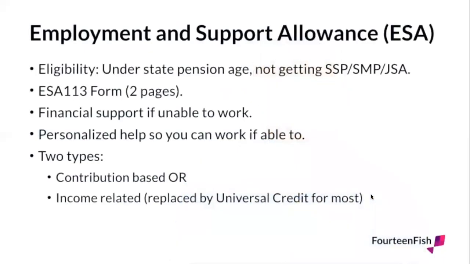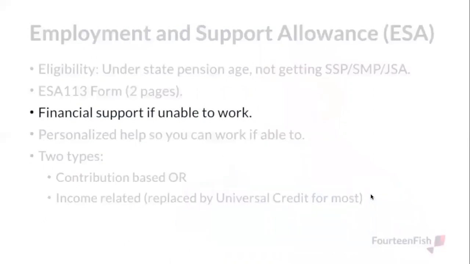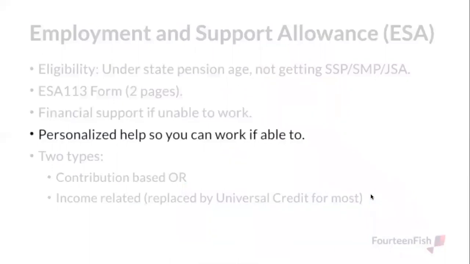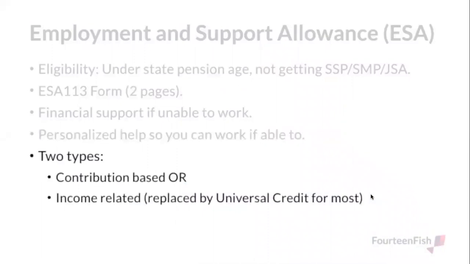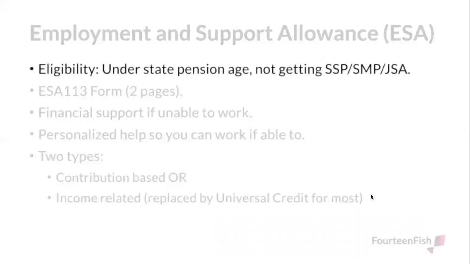ESA is a financial support for patients who are unable to work, and it basically allows for personalized help so that they can get work if they're able to. There are two types: a contribution-based ESA, or an income-related ESA. In terms of income-related ESA, that's being replaced by universal credit, and in order to be eligible for ESA, you have to be under the state pension age.